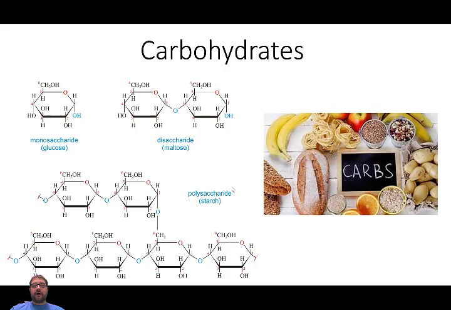And their role is not, I want you to get out of the mindset of the role of this is not to make you fat. Okay? Starches and glucose and maltose, it does not make you fat. Okay? The overconsumption of calories makes individuals fat. And we'll talk about this.